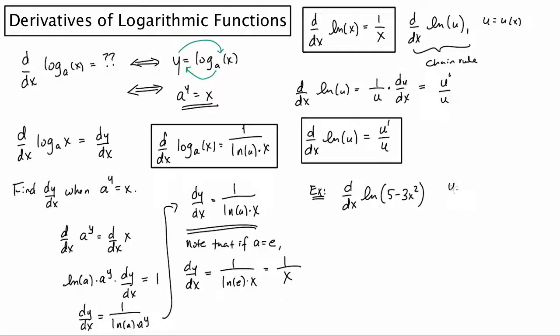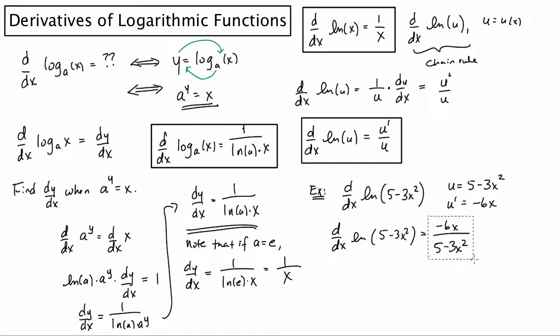Well, u, in this case, the inside function, is 5 minus 3x squared, and u prime is minus 6x. So the derivative with respect to x of the natural log of 5 minus 3x squared is just u prime over u. So it's negative 6x over 5 minus 3x squared. And so that is the very quick and easy way to handle natural logs.